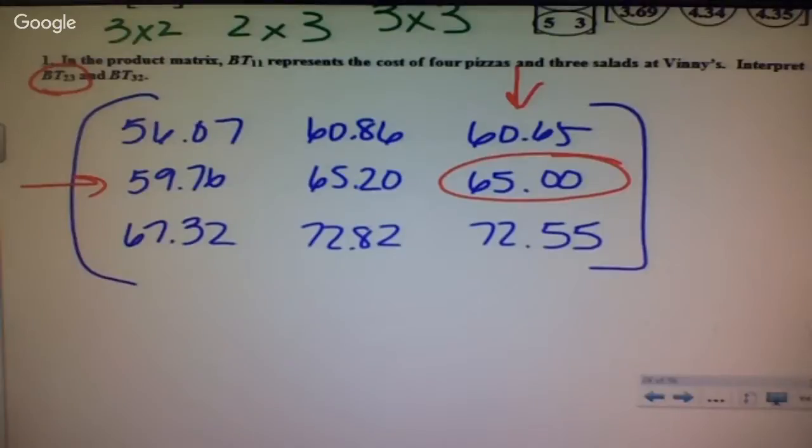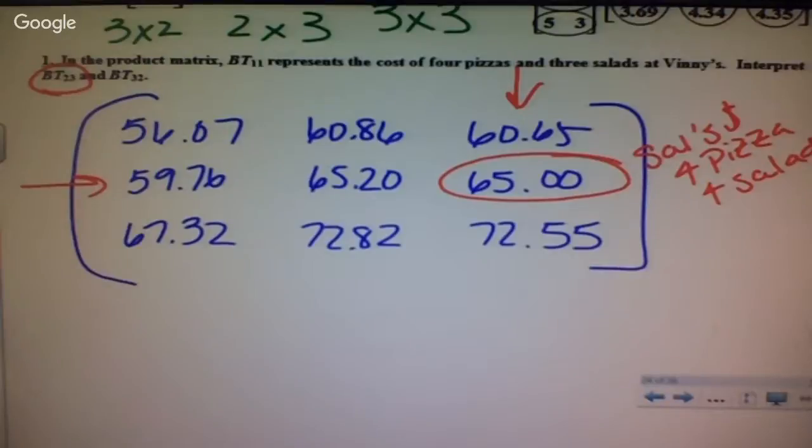Okay, so this is Sal's restaurant. What am I buying? Salad. How many? 4. Think about what row I'm in. Yeah, 4. So 4 pizzas and 4 salads. This is Sal's price for 4 pizzas and 4 salads.